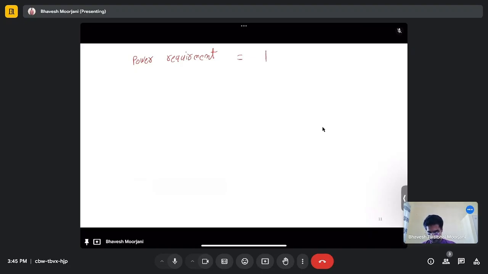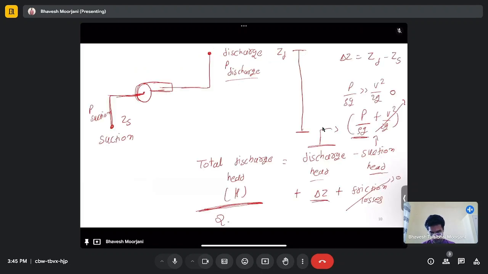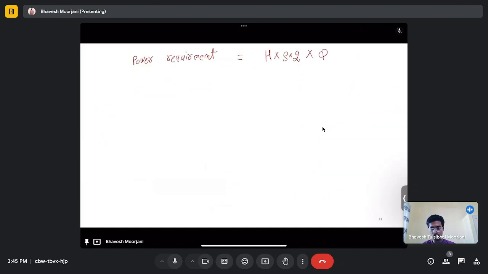So that is H rho g into the flow rate at which we want to compute, the flow rate at which we want to develop this head, right? So here the H is the total discharge head, Q is the flow rate of the pump, and this is the total power, right?